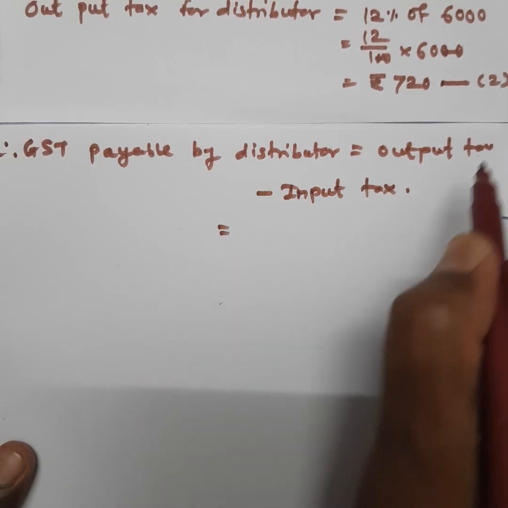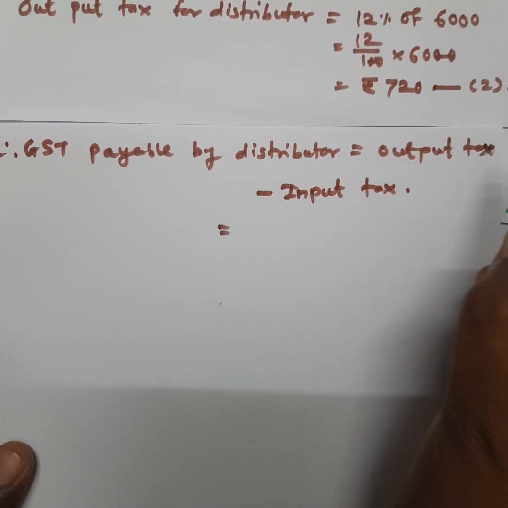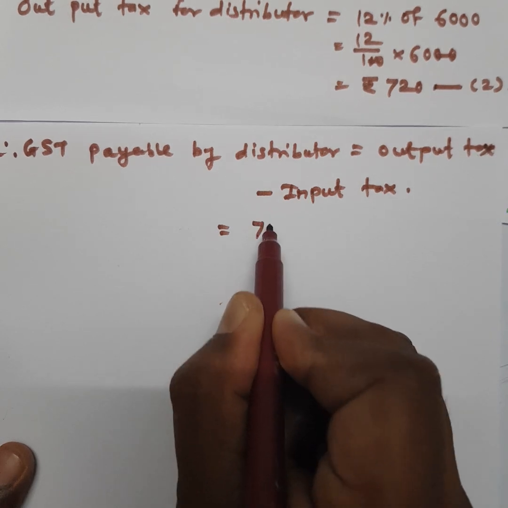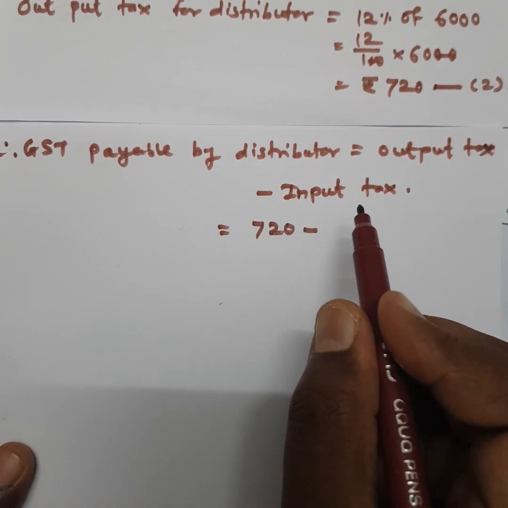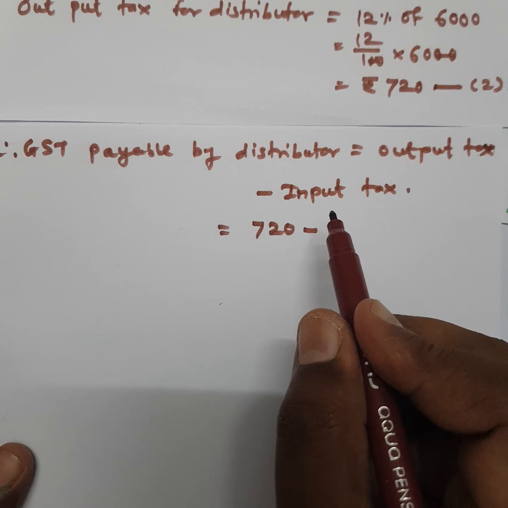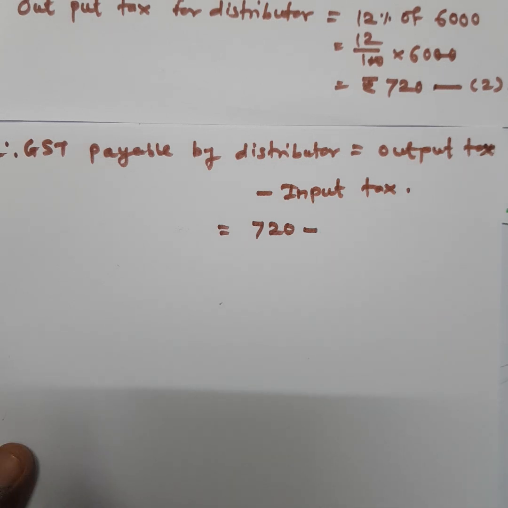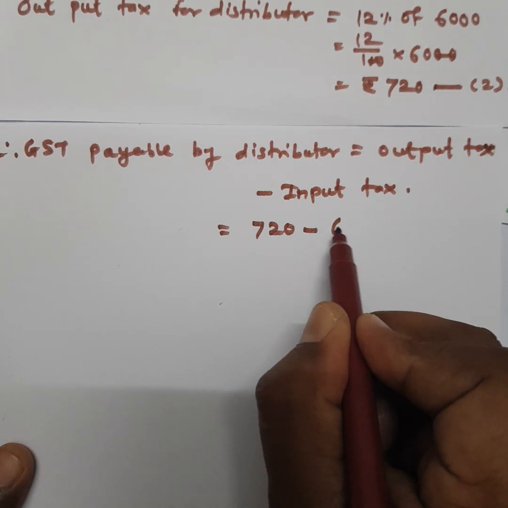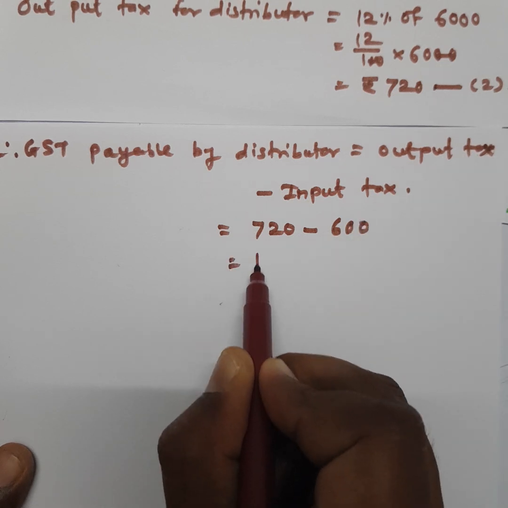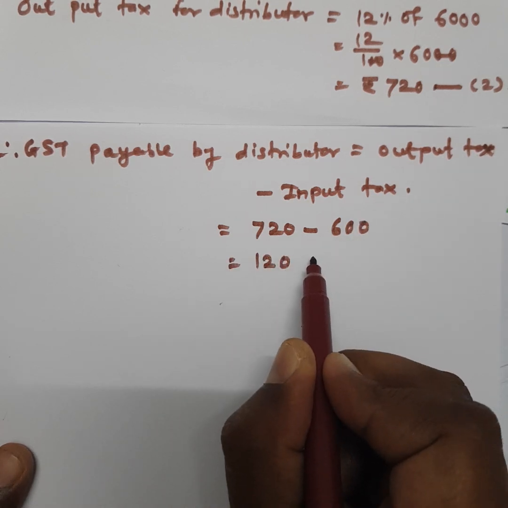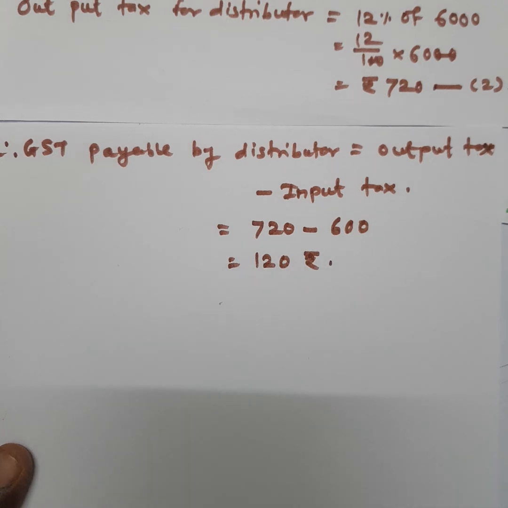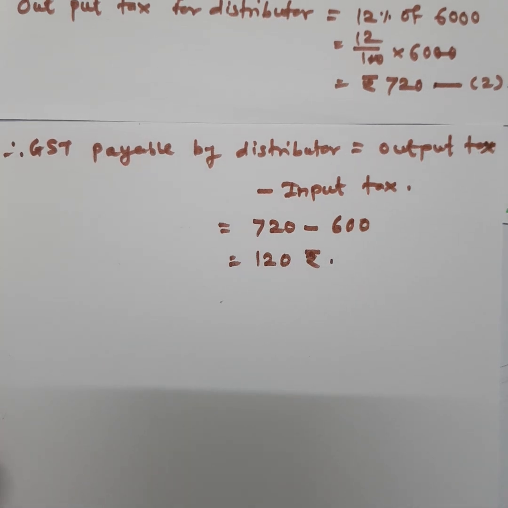Output tax for distributor is rupees 720 and input tax for distributor, that is output tax for manufacturer, was 600 rupees. This subtraction will be 120 rupees. It is GST payable by distributor.